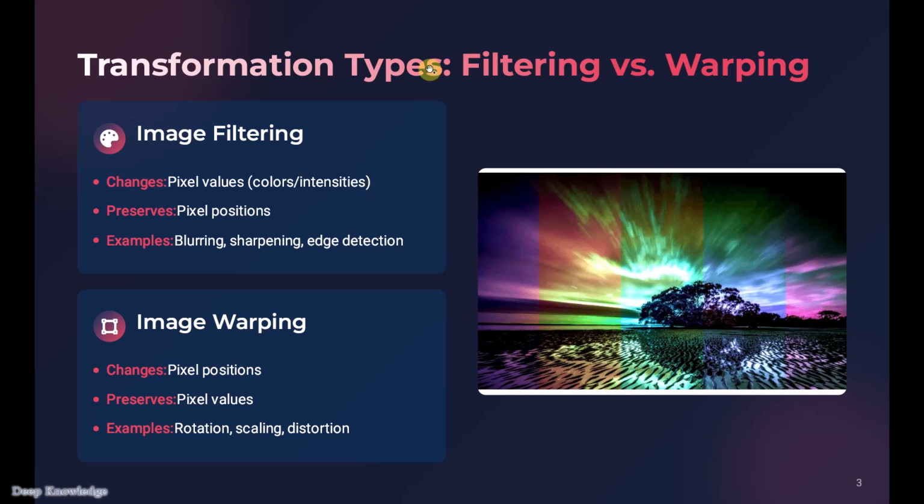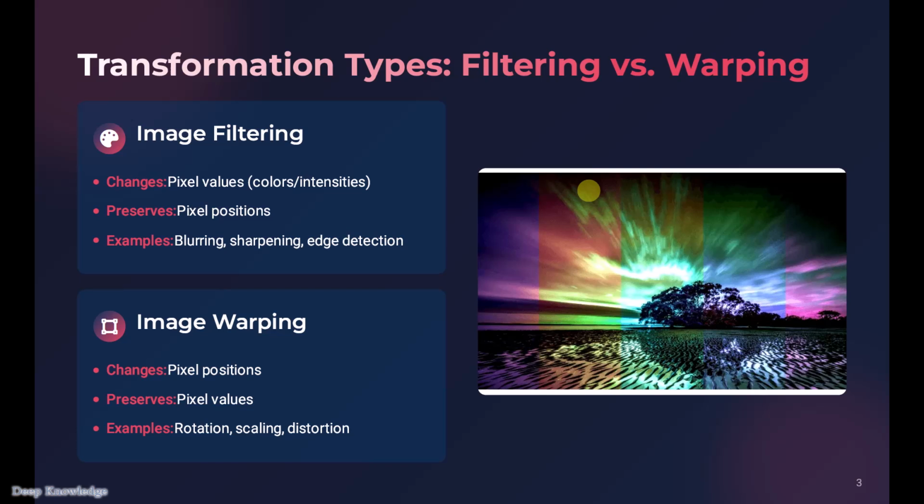You have one image, and for filtering each pixel might have a different value, a different intensity, but the position of the pixel stays as it is. It won't be shifted somewhere else. This is filtering.